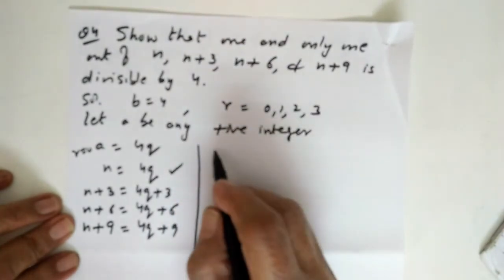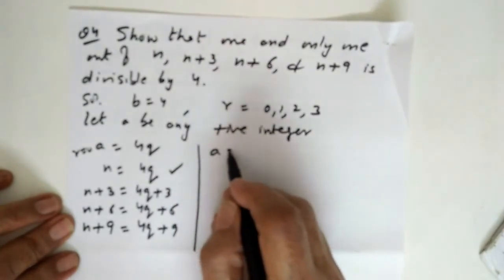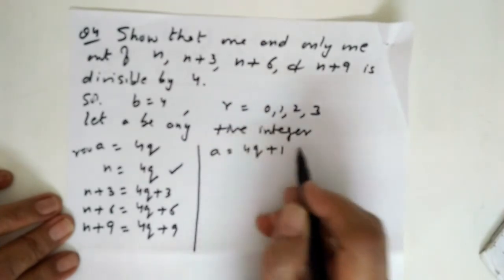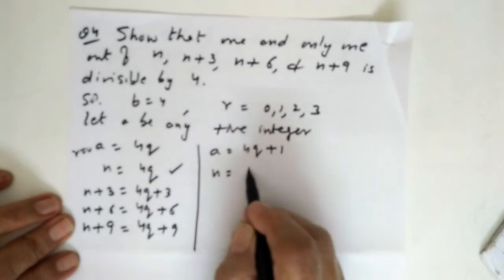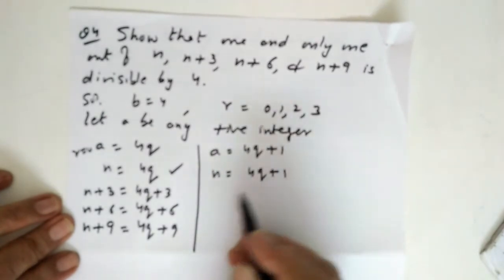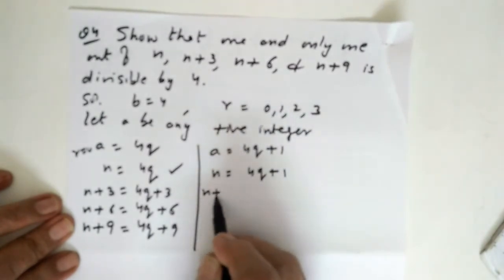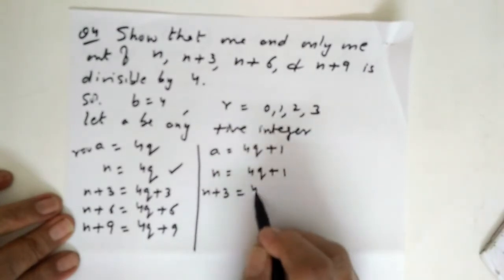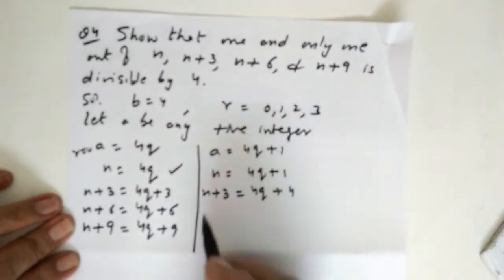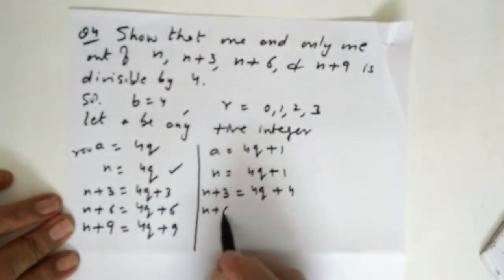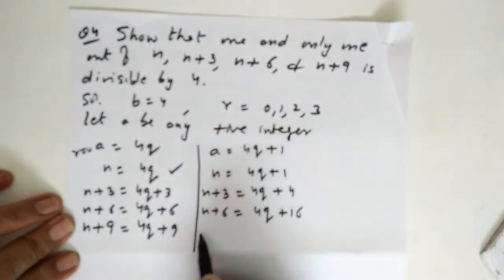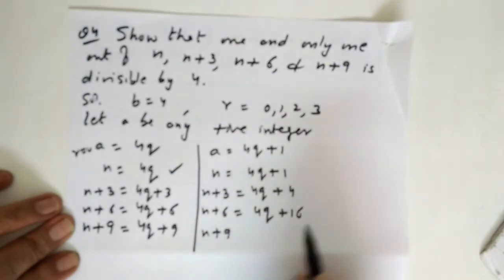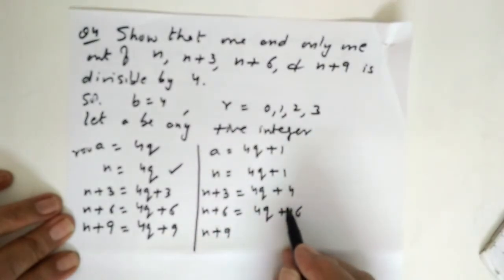Next is n is equal to 4q plus 1, when remainder is 1. So n plus 3 is equal to 4q plus 4, n plus 6 is equal to 4q plus 7, and n plus 9 is 4q plus 10.